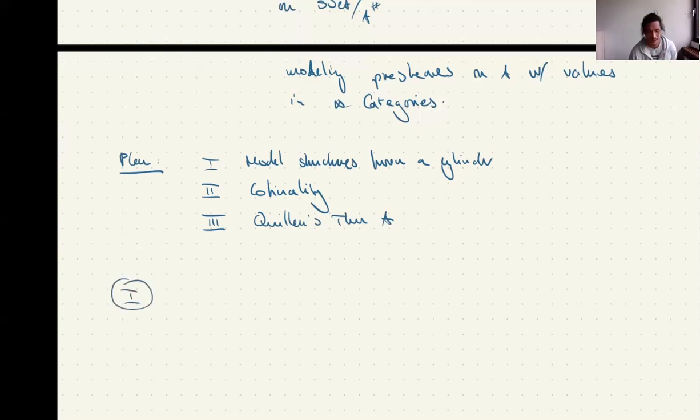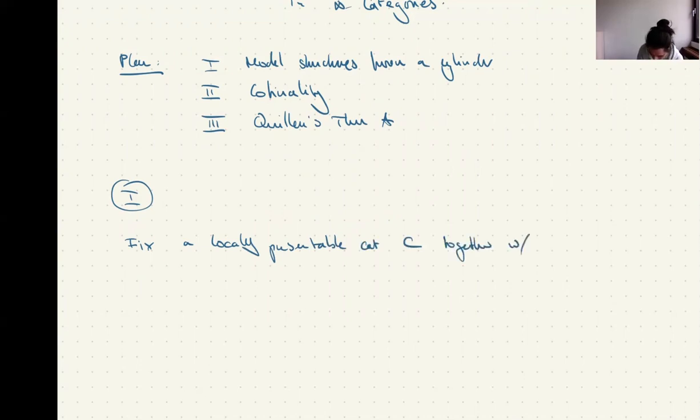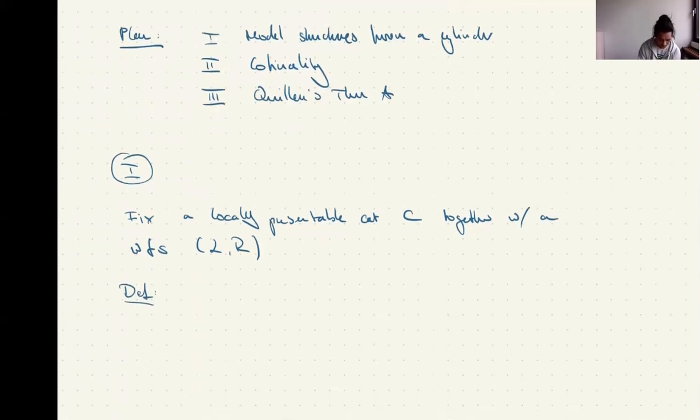So let's start with these model structures from a cylinder. And so the input is a locally presentable category, say C, together with a weak factorization system, say (L, R). And then we can make the following definition, defining what is a cylinder object.